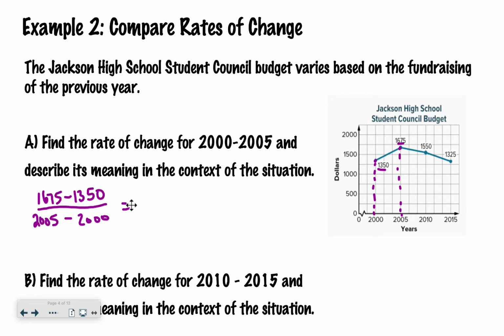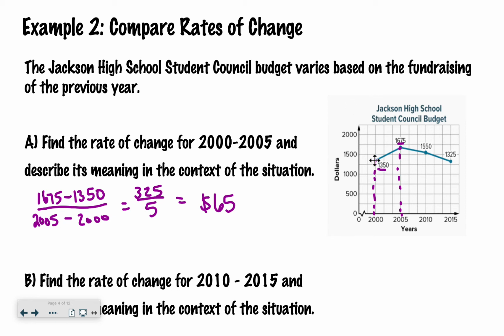And then I'm going to say 1675 minus 1350 for the top, and that gives me 325. And then 2005 minus 2000 is 5. So if I do 325 divided by 5, I find out the rate of change is $65.